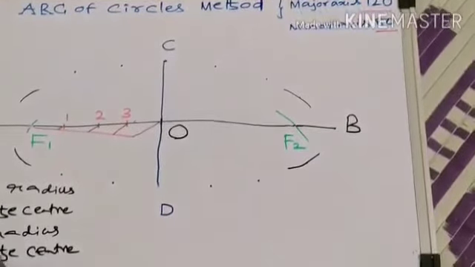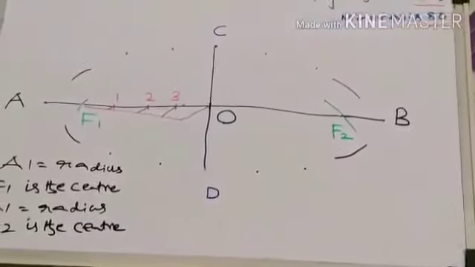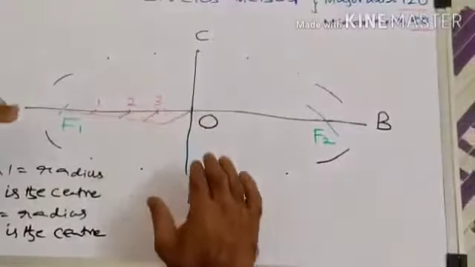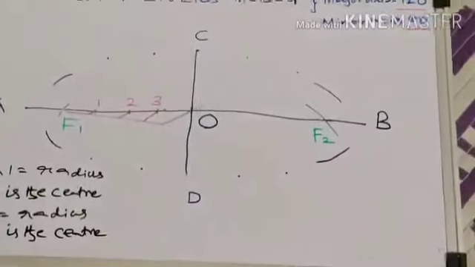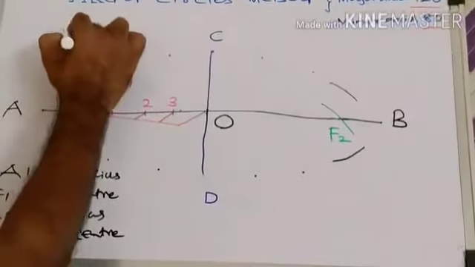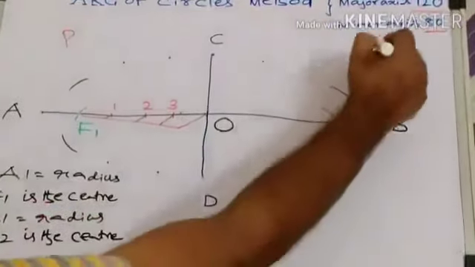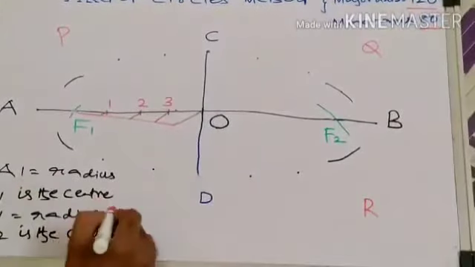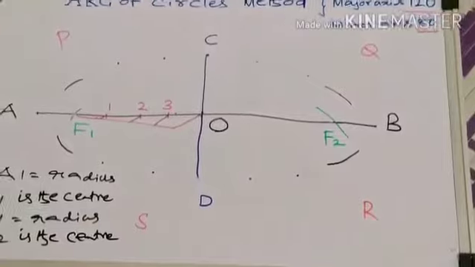We are having 4 arcs related to the major axis. These regions I am considering: this is the P portion, this is the Q portion, this is the R portion, this is the S portion.